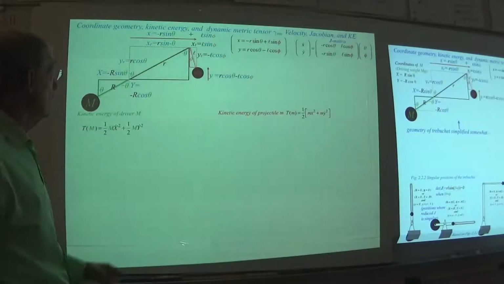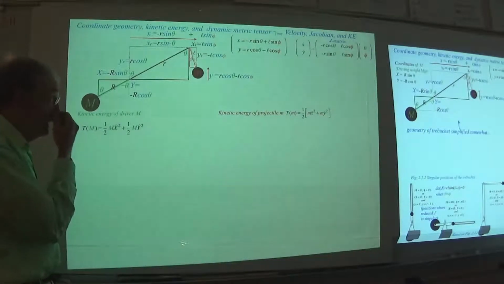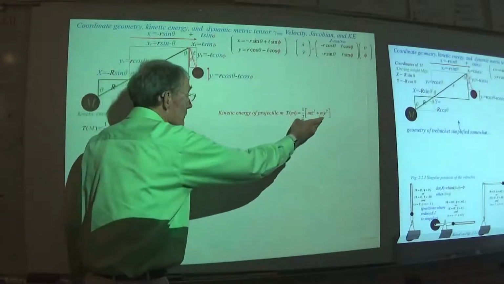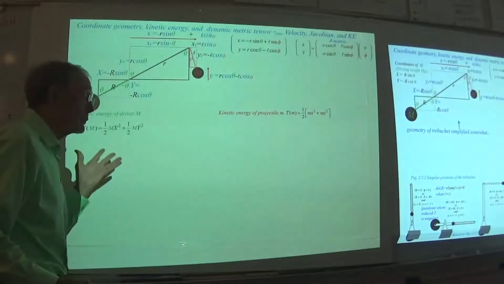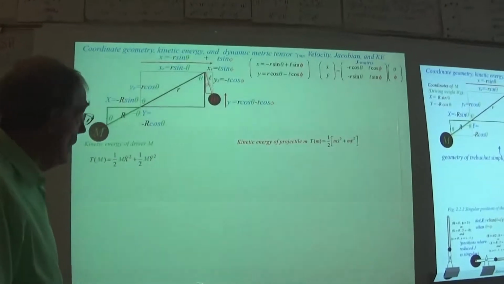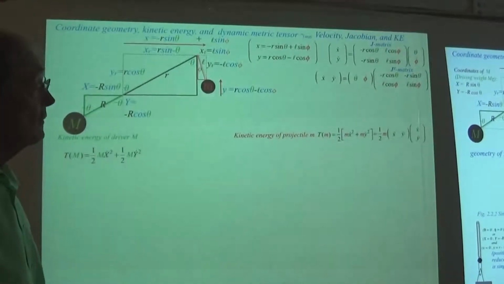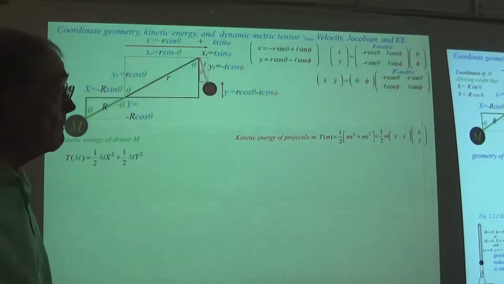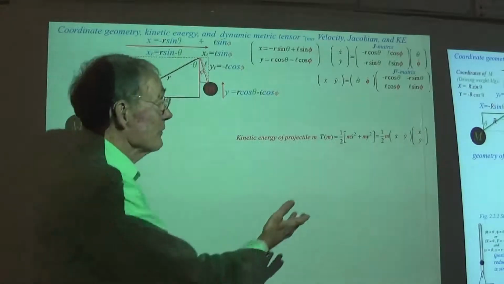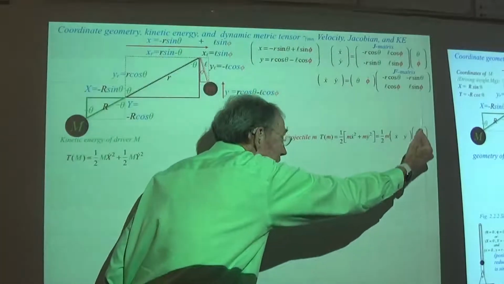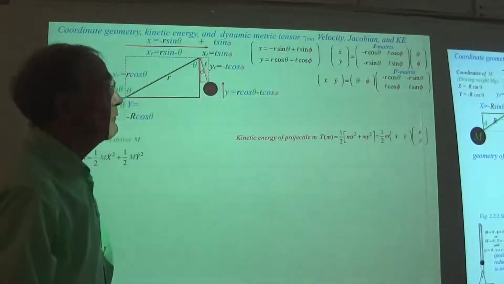So the kinetic energy, we already know that one pretty well. We know that the kinetic energy of the projectile is something like that. So we have to put both of these in the form of the coordinates that we're using here. So here is the projectile way of writing that one.